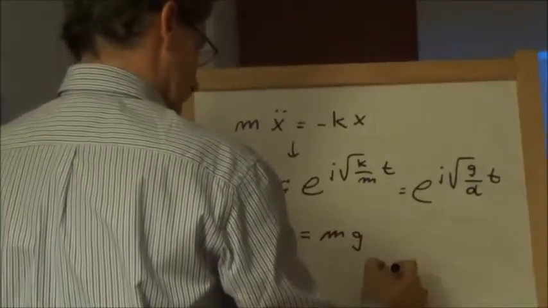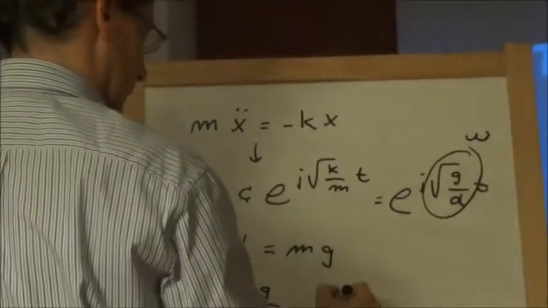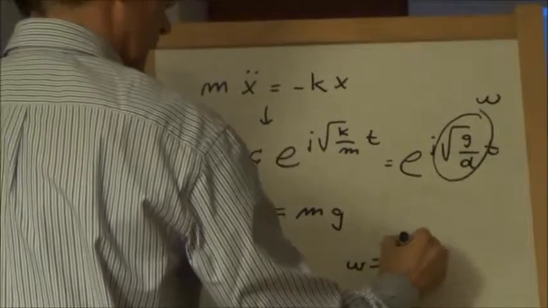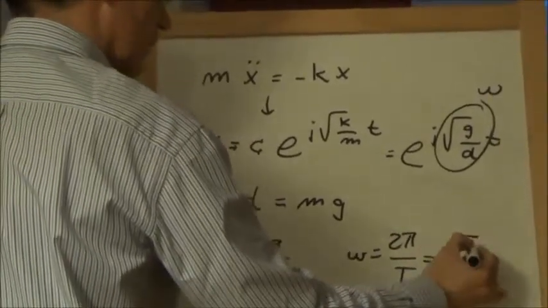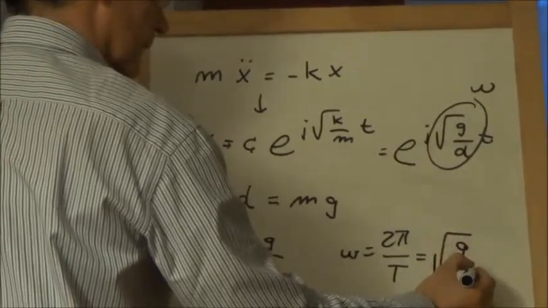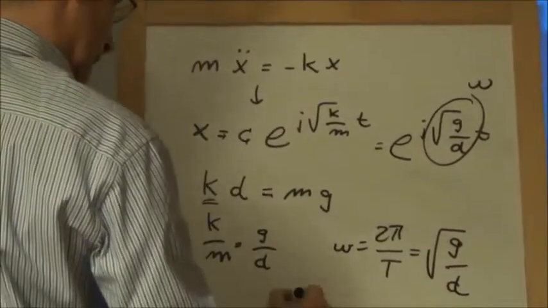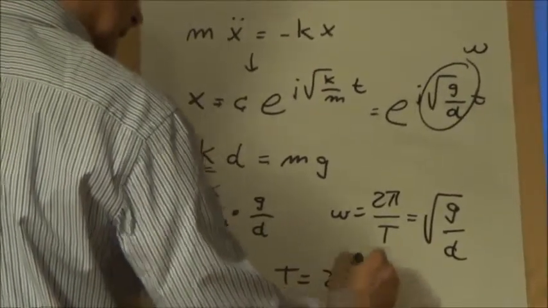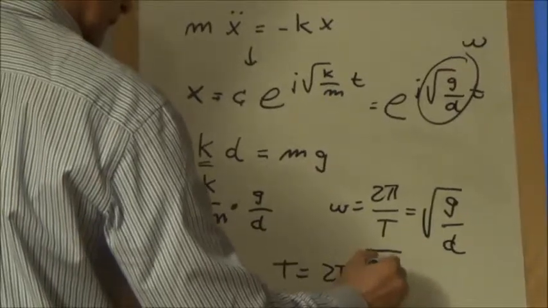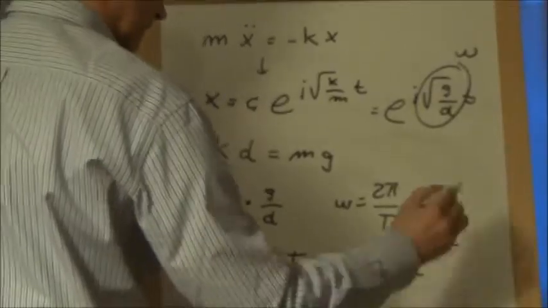And so this is omega, where omega is 2 pi divided by the period, and this is the square root of g over d. So the period is 2 pi times the square root of d over g.